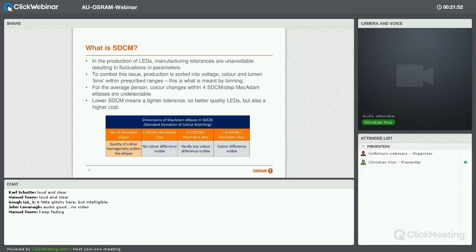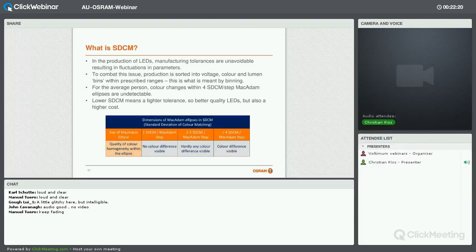Greater than 4 is where you start seeing the difference in color, if you get an LED chip from one bin to a different bin completely. It doesn't mean that all the LEDs, if they're 4 SDCn for example, will look different. It's just that if you get two different categories and they happen to be on the extreme ends of that ellipse, you can potentially notice a slight difference in color.